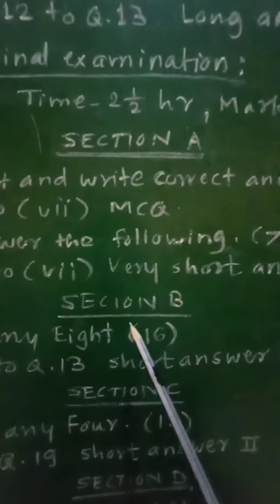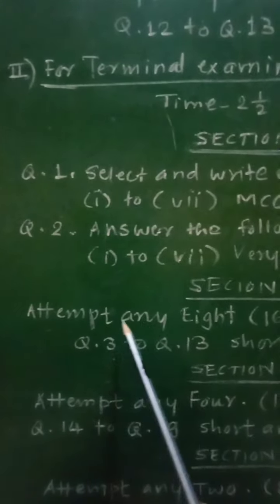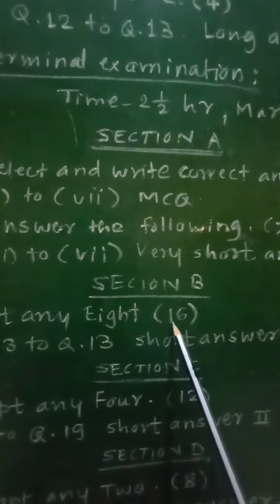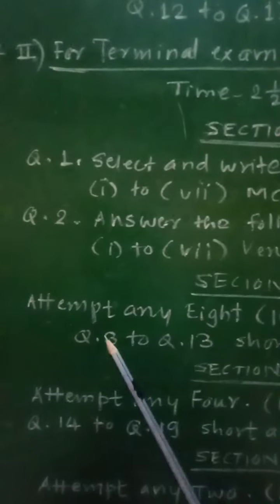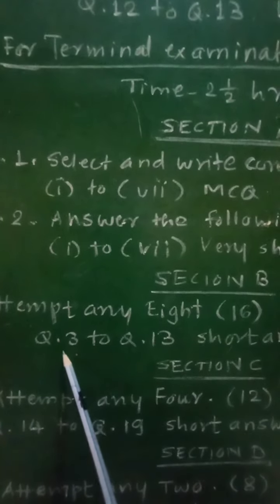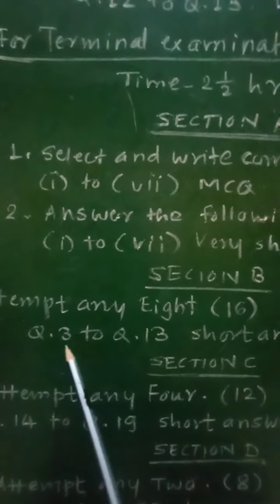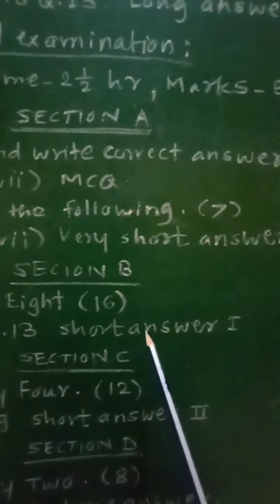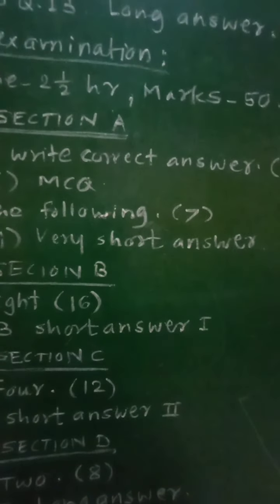Then section B will be attempt any 8, and it will carry 16 marks. In this section B, question number 3 to question number 13 will be included, which will be short answer 1 type.